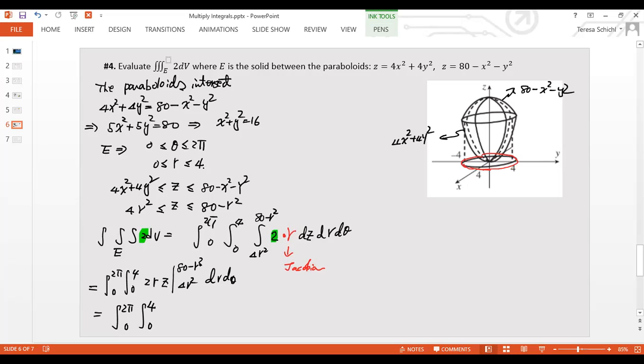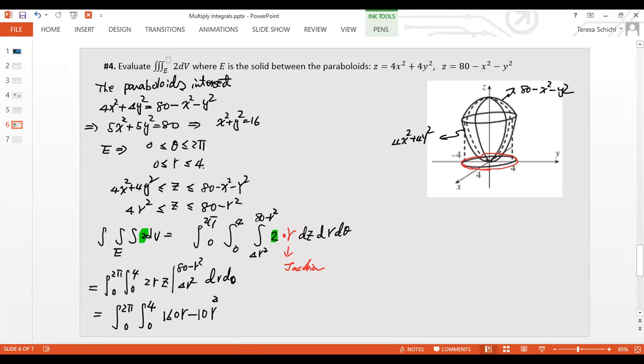You substitute 80 minus r squared for z, so you will have 160r, and minus 4r squared plus, so it's 10r cubed.